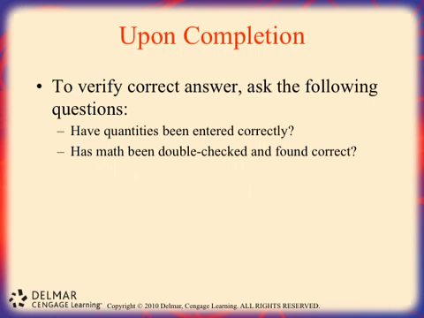The other thing you have to do to make sure that you've got the correct answer is, have your quantities been entered correctly? If you've entered 15 and it was supposed to be 1.5, then of course you're going to come out with the wrong answer. So you've got to make sure that your quantities have been entered correctly, and then is your math correct? So double check your math and make sure that it's correct.